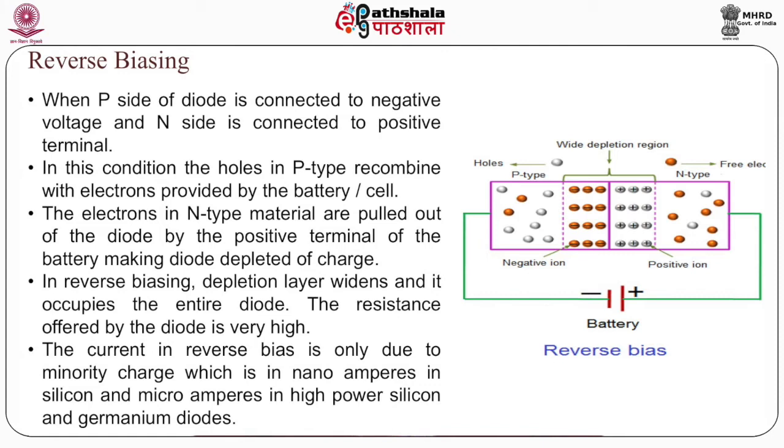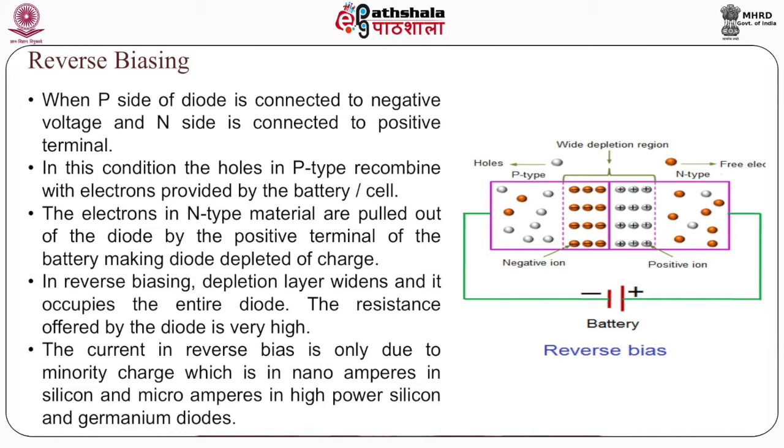Ideally in this condition the holes in the P type get recombined by electrons from the battery. The electrons in the N type material are pulled out of the diode by the positive terminal of the battery. So, the diode gets depleted of charge again.